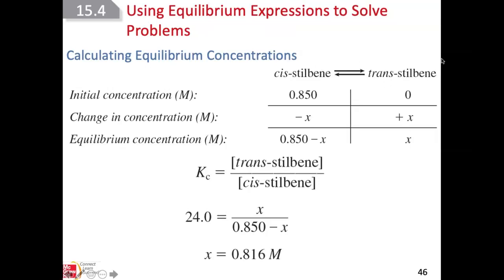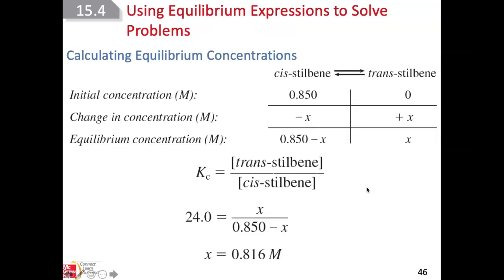For this reaction, we write down the Kc expression, products over reactant, and substitute everything we know. The Kc is 24.0, the product is X at equilibrium, and the reactant is 0.85 minus X. When we solve this algebraic equation, we find that X equals 0.816 molar.